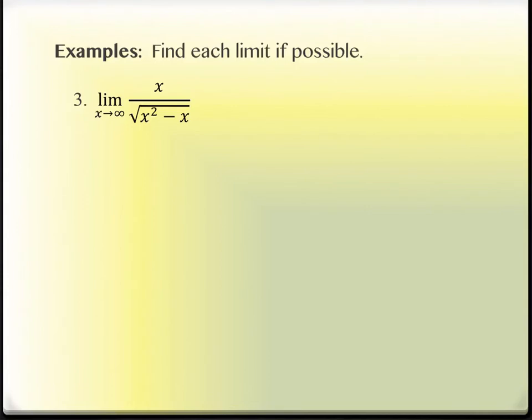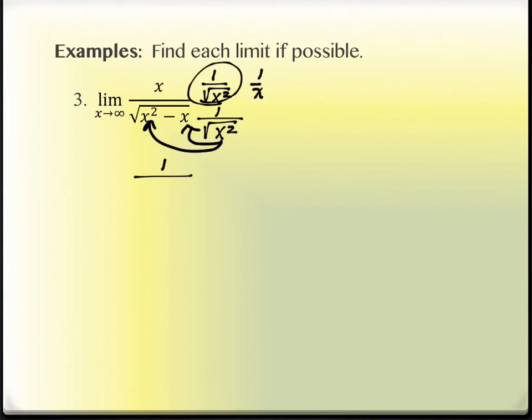So what I'm going to do to compensate is multiply each of them by 1 over the square root of x squared. And each of those pieces can transfer in. So on the first one, we have x over the square root of x squared. Well, this square root of x squared is just x, so it's 1 over x, right? Are you guys good with that? Right? So when I multiply it by the x on top, I just get 1.